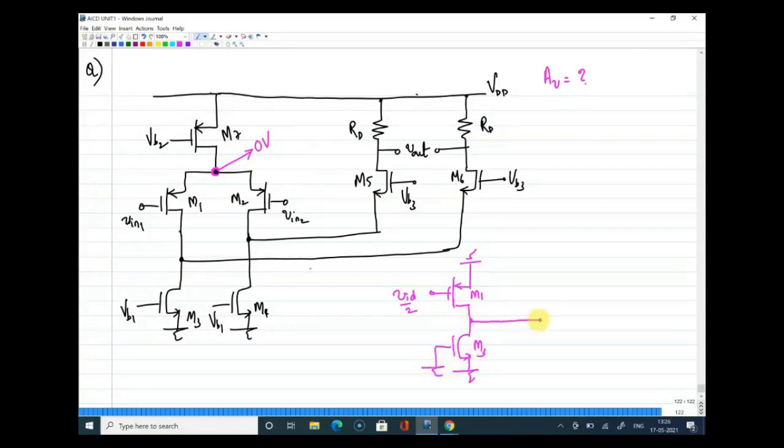From here you go to the other side where you have resistance RD connected to ground, followed by a device whose gate is connected to ground, and this comes to this point, your output point V out, which is V out by 2. All right, with this, can you try to write the voltage gain expression? Let me check who is getting the answer.